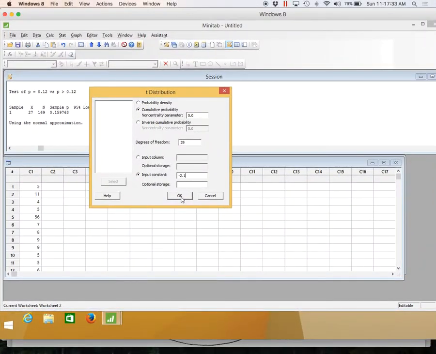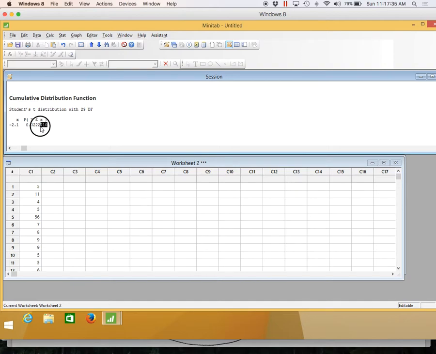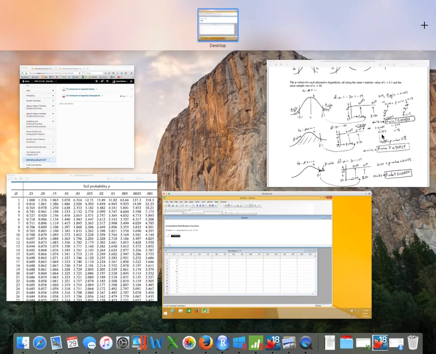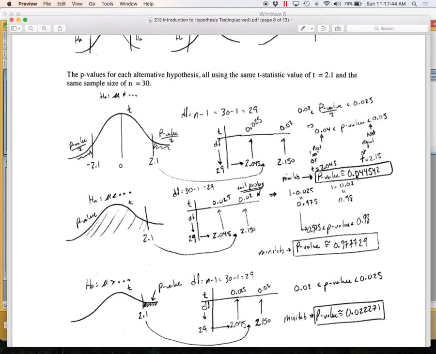Half of the p-value is 0.022271. If I multiply that by 2, the p-value in this case would be 0.044. Using the table, all we could say is that it is in between 4 and 5%, which is true.